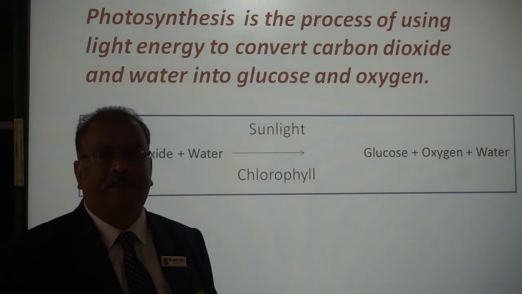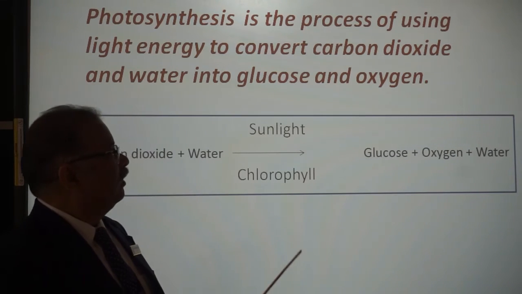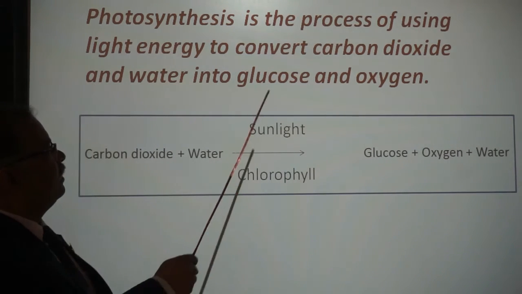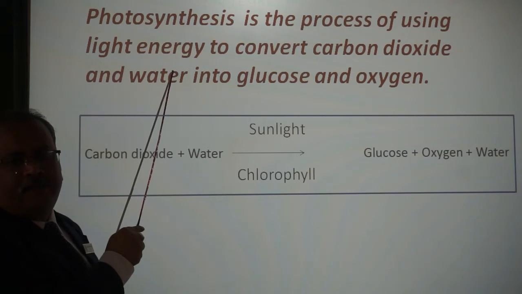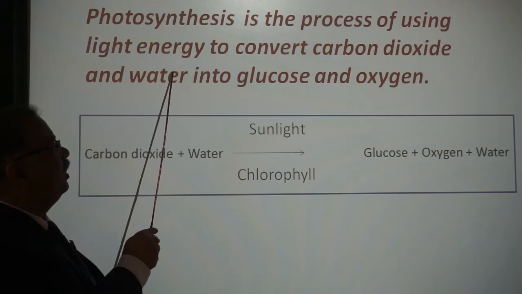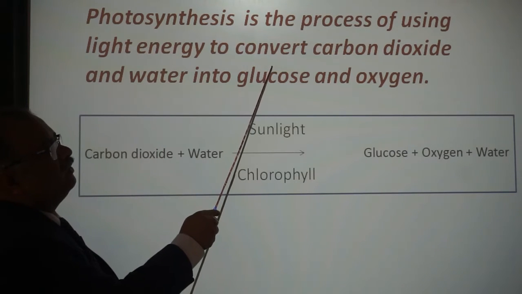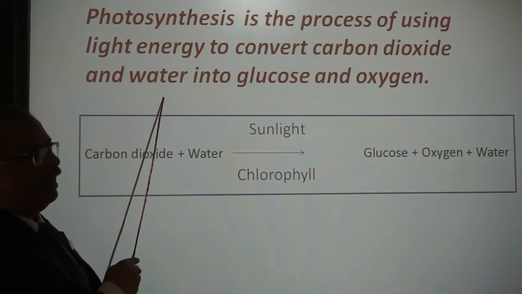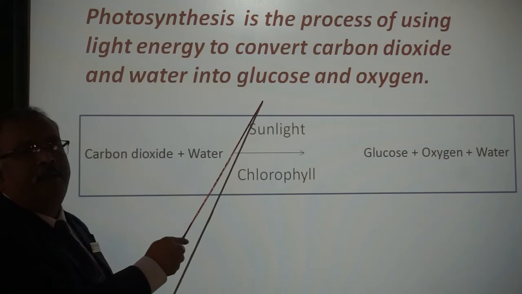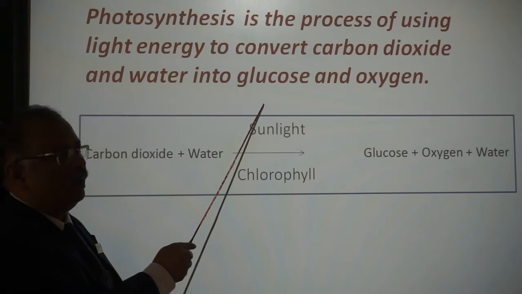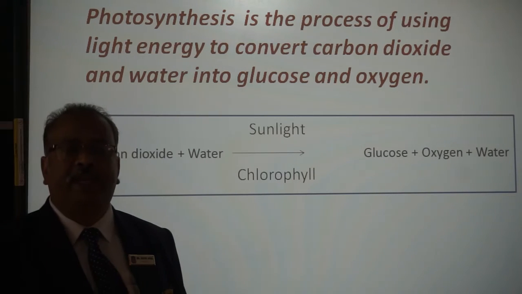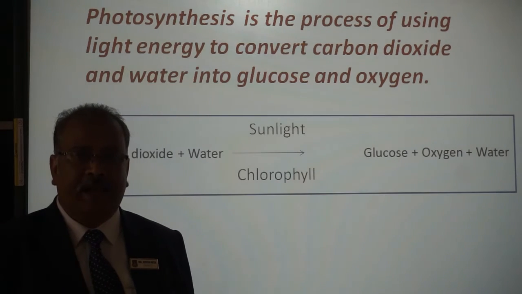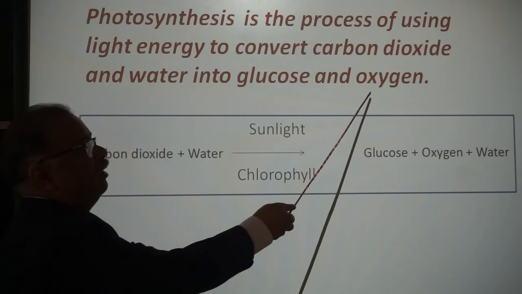Now we can say that photosynthesis is the process of using light energy. Light energy is sunlight energy, the solar energy. What it does, it converts carbon dioxide and water into glucose, that is sugar, and oxygen. Oxygen gas is very important for us, we respire and we take in oxygen.